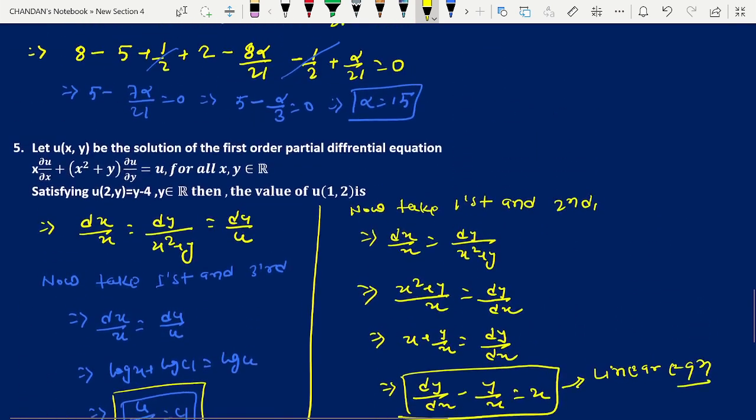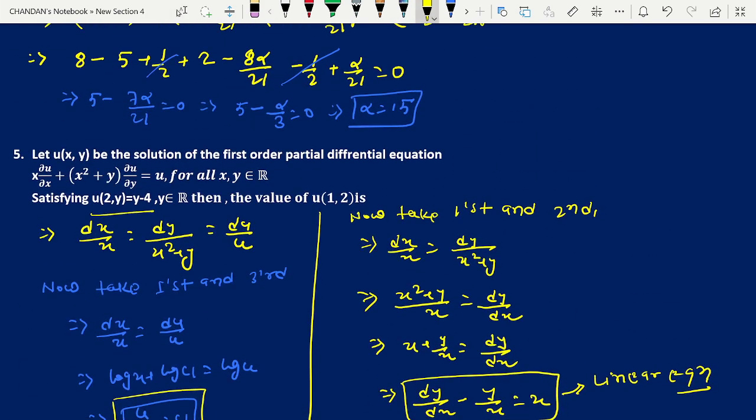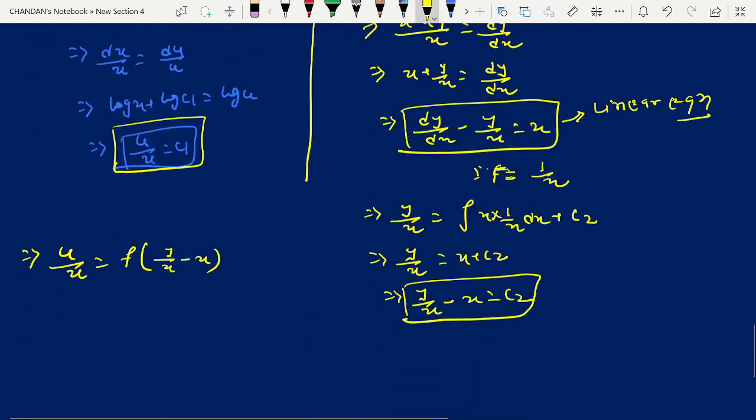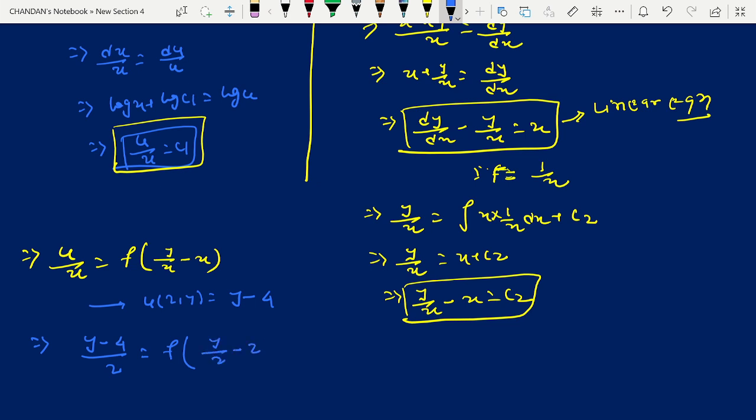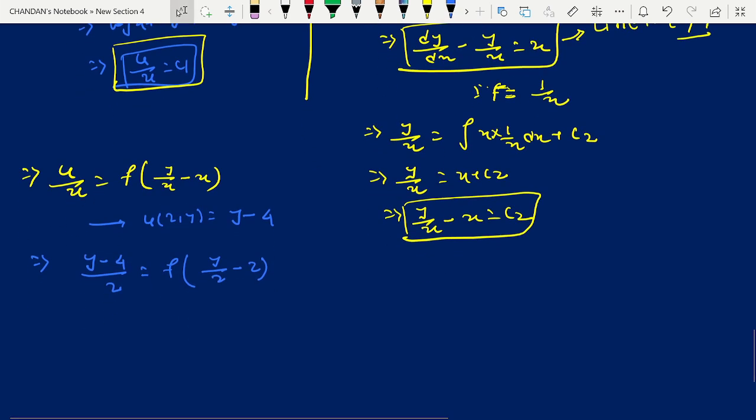Now here is the given condition, u(2, y) is equal to y minus 4. So the condition given is that u(2, y) is equal to y minus 4. Now substitute this here, then we got y minus 4, the value of x is 2, then here f of y by 2 minus 2, then we got y minus 4 by 2 is equal to f of y by 2 minus 2.